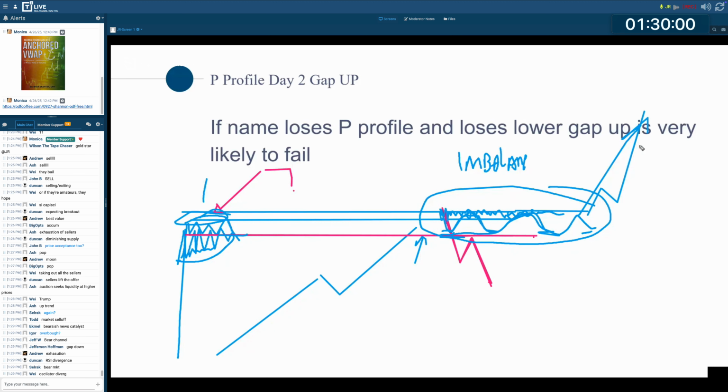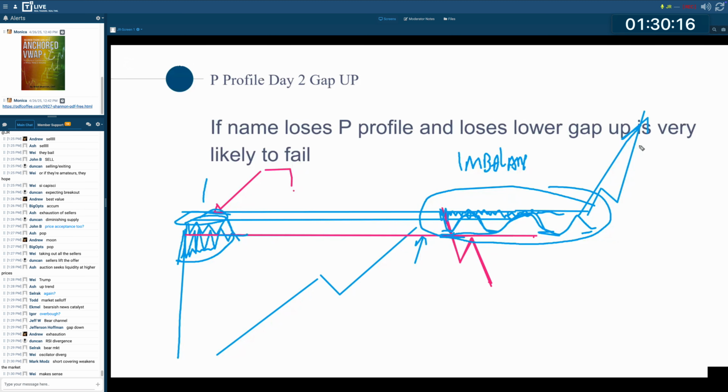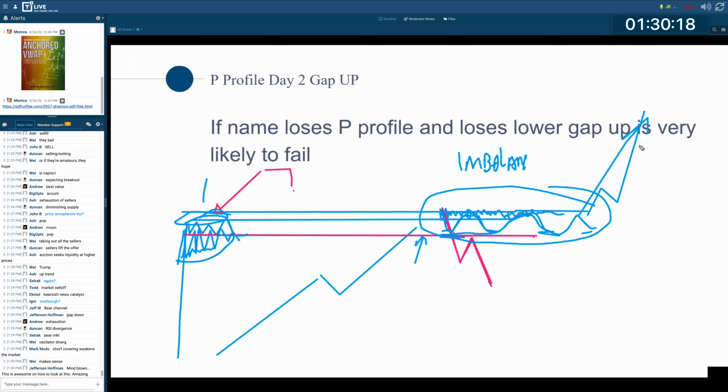And if you don't believe me, backtest it, guys. Go in bearish selling climaxes when you have a violent overbought P-shaped profile short squeeze, and you'll notice that you're almost certainly going to retest point of control. And if not, you're going to be visiting 618 and 50% retracement territory.